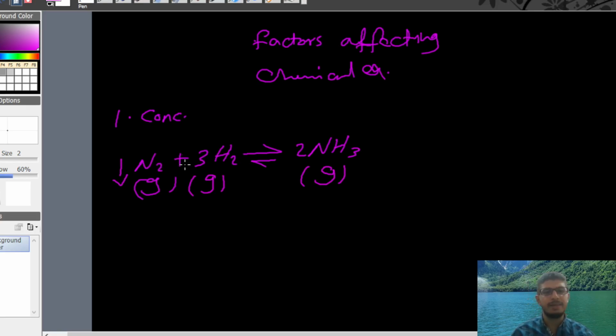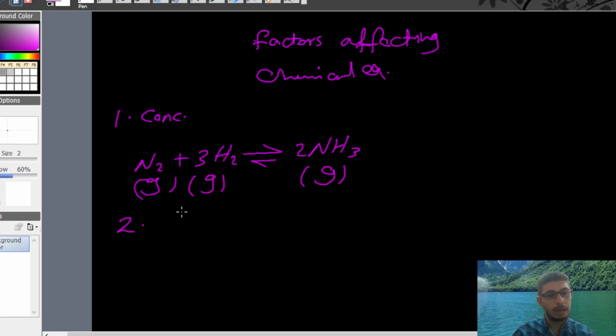That will lead to the reactants percentage to be decreased, and here comes the role of the products. They should decompose a bit to maintain, for example, the 40, 60% as I told you in the beginning. So the products will decompose themselves to give back the nitrogen and hydrogen gases. I think you got me now. So that's it for the concentration.